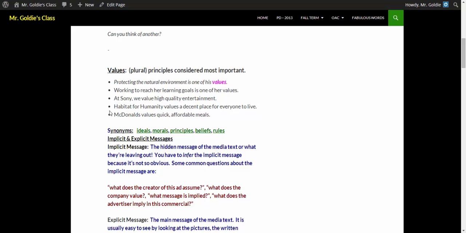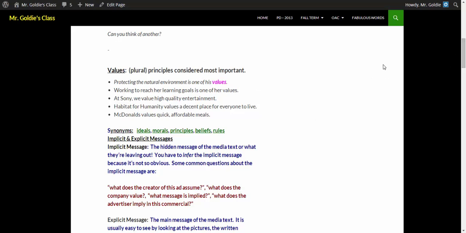So other words that mean the same thing: ideals, morals, principles, beliefs, or rules. Okay, these are synonyms. They mean the same thing. Okay, describe values.